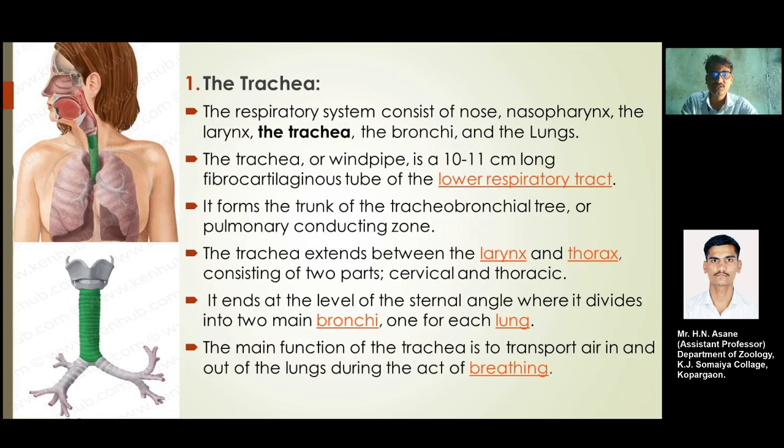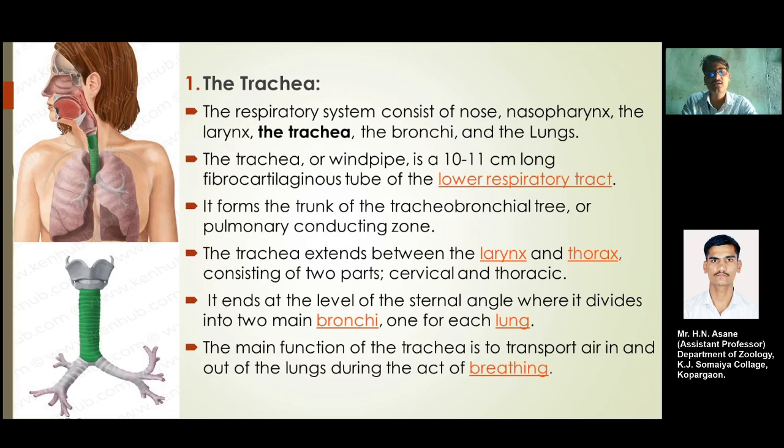Then this trachea or windpipe, from the nose the air is inhaled, and this windpipe is providing the lumen for these gases to travel through the bronchi, after that to the lungs.